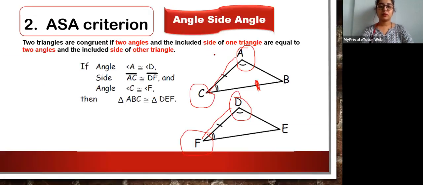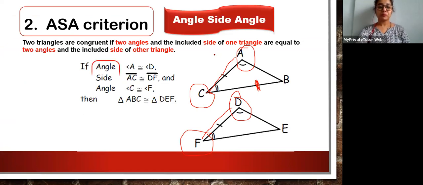Just check this one out too. Read the sentence clearly and check the proof as well. If angle A is congruent to angle D, side AC is congruent to side DF, and angle C is congruent to angle F, then triangle ABC is congruent to triangle DEF.